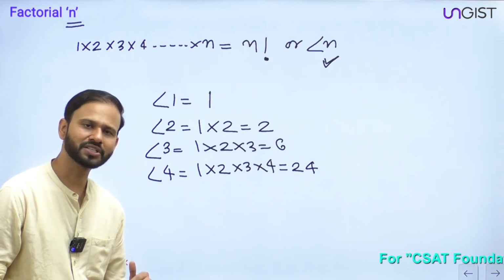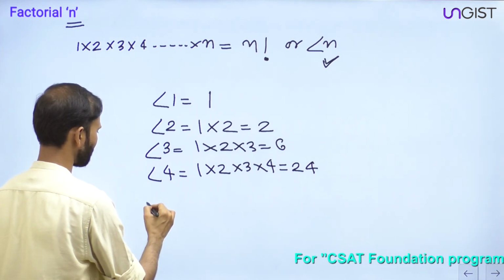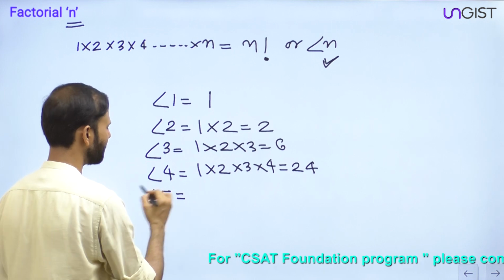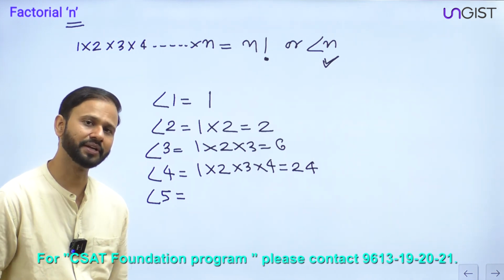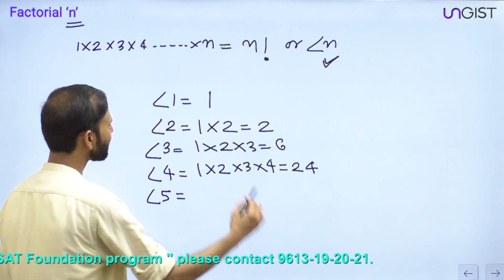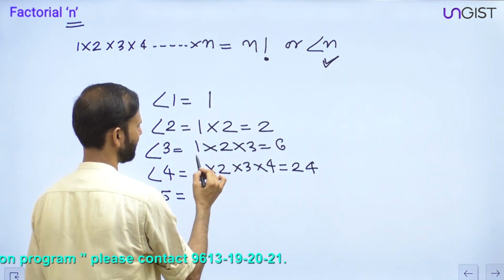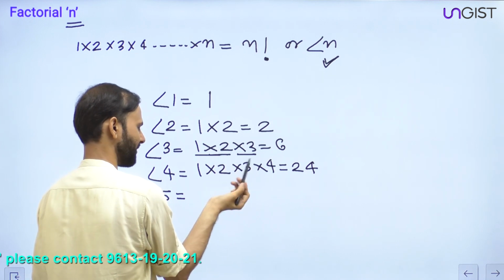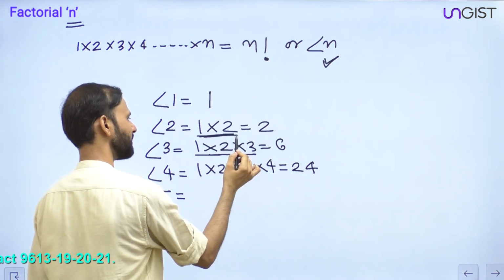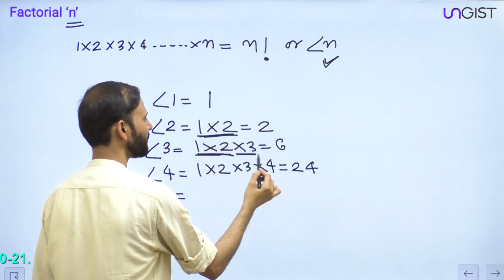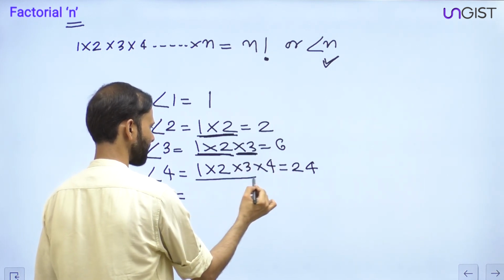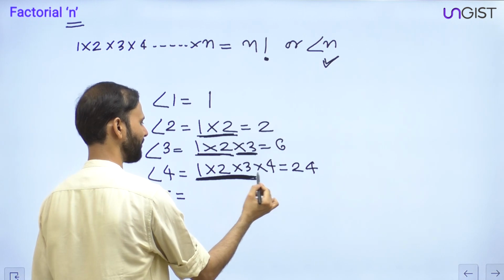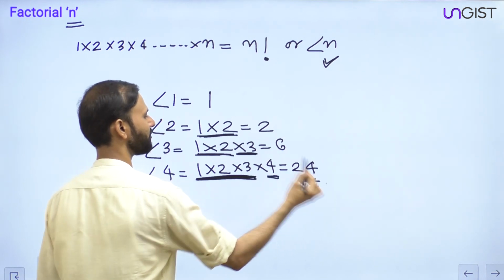And what is factorial 5? Just observe one thing here. We are doing 1 into 2 into 3, so 1 into 2 is 2, 2 into 3 is 6. So this is already factorial 3, and factorial 3 into 4 becomes factorial 4.